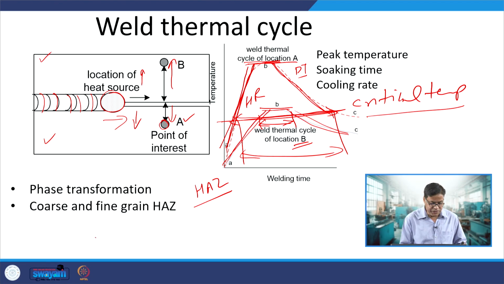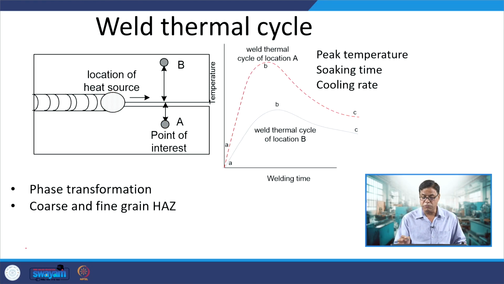So, these are three important aspects about which we can get the information: the heating rate, then the peak temperature, then the soaking time above a particular temperature of interest, and then the cooling rate.